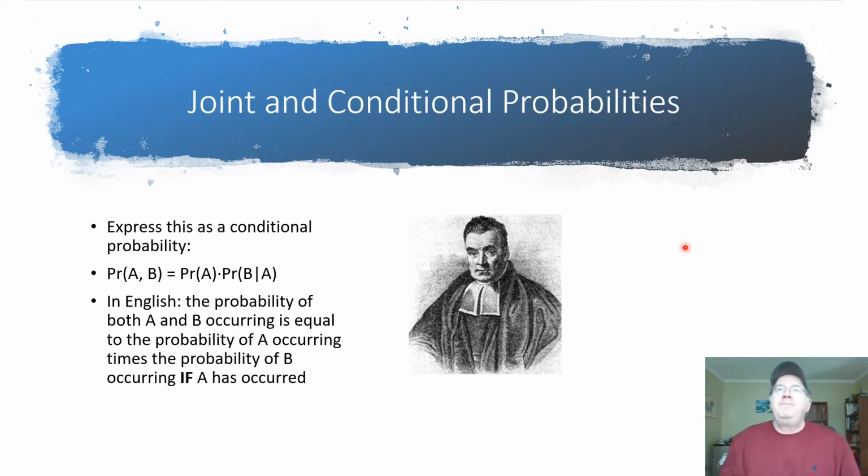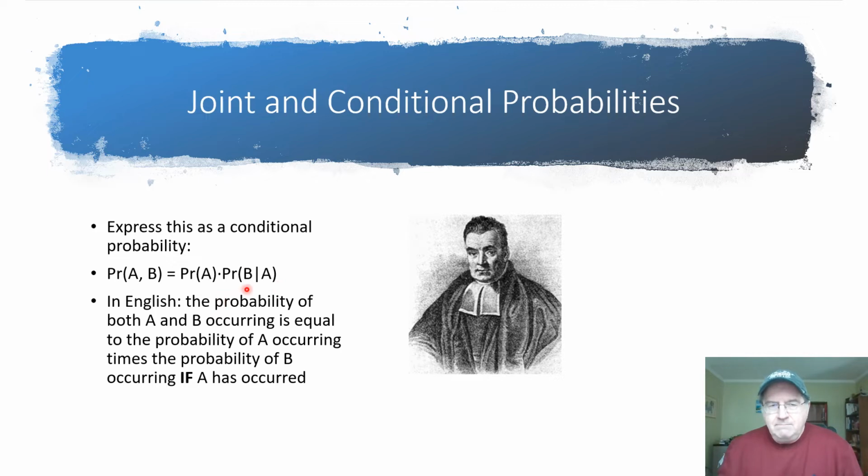So I want to now express that joint probability, the probability of A and B occurring, as a conditional probability. The probability of A and B occurring is equal to the probability of A occurring, that is, on the first die that I roll, I get a 1, times the probability of B occurring given that A has occurred.